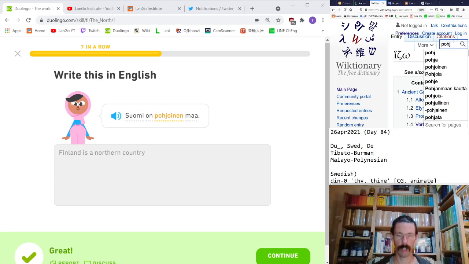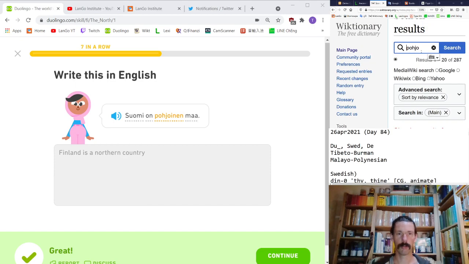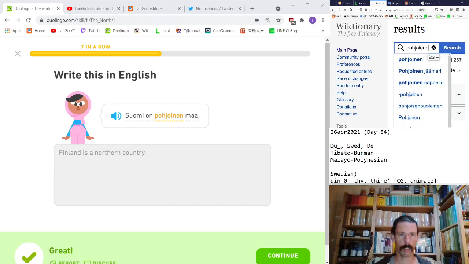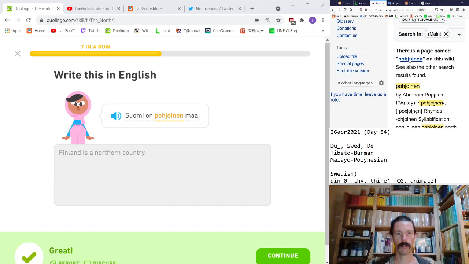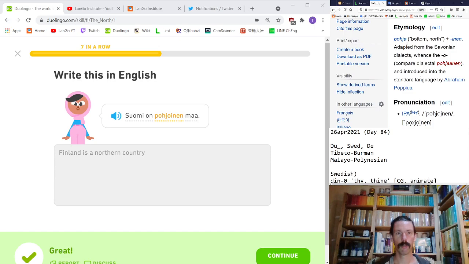You can have an H coda in Finnish. Pohjoinen. Pohja, bottom or north. Interesting that it's those two meanings. Inen is the suffix. Adapted from the Slavonian dialects, whence the O. Compare dialectal pohjanen, introduced into the standard language by good old Abraham Poppius.